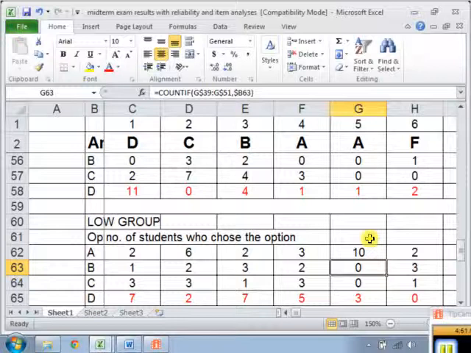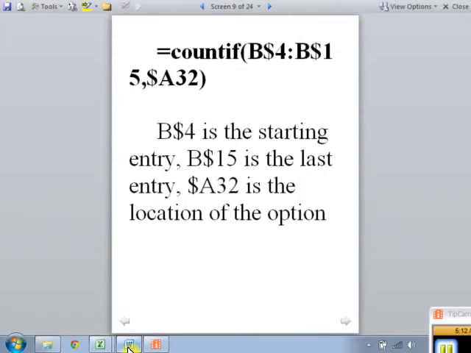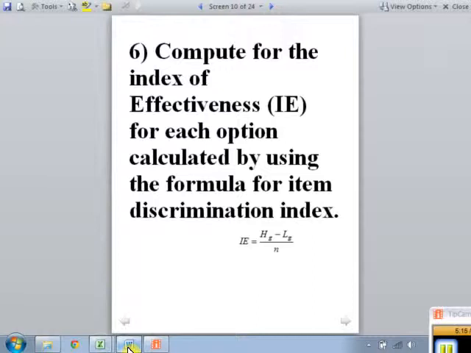And letter C is too obvious that it is wrong. That means if you're an assessor, or the one who constructed the test, I'm going to choose a different distractor next time. Okay? But let's continue.